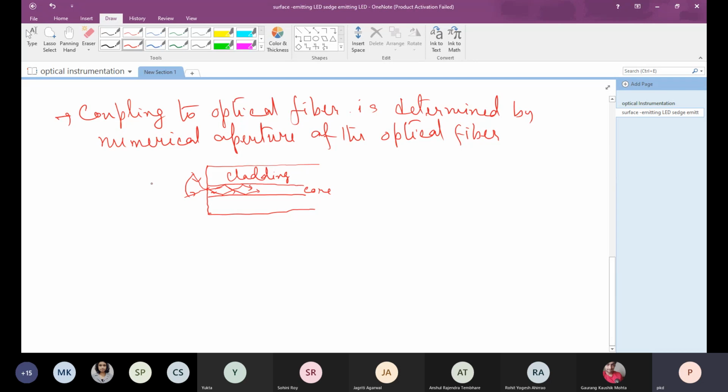So this angle is given by the refractive index.